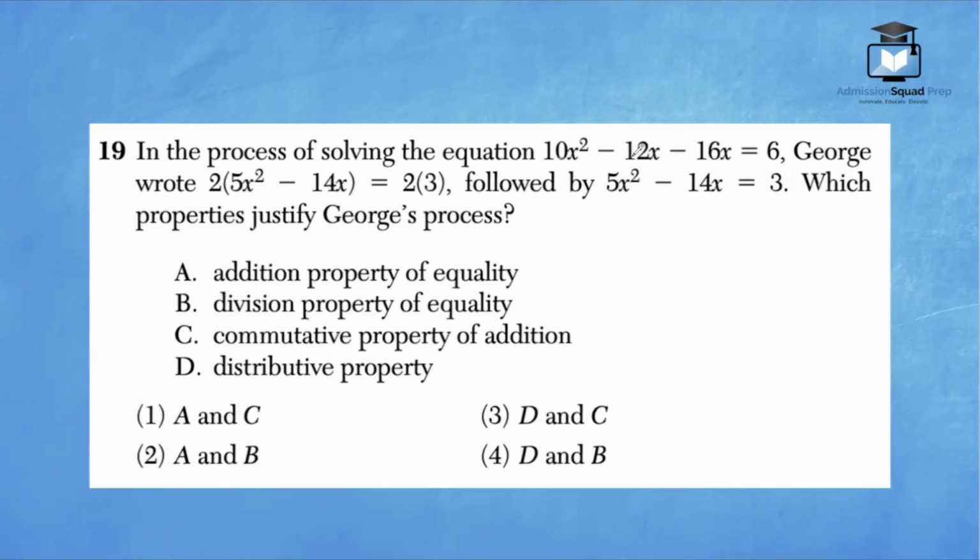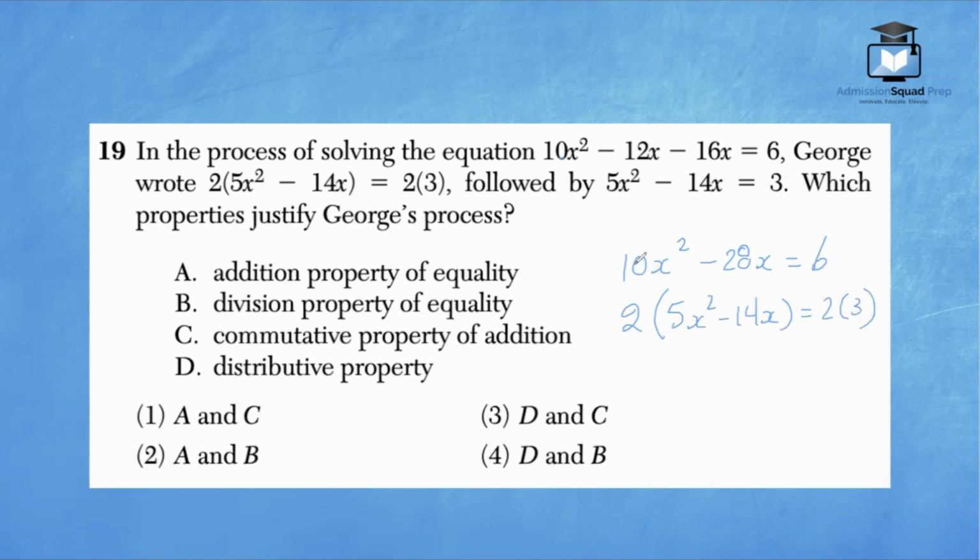If George were to combine negative 12x and negative 16x, he would have had 10x squared minus 28x equals 6. And then he went ahead and factored out the common terms. So you factor out a 2, and you have 5x squared minus 14x equals 2 times 3.